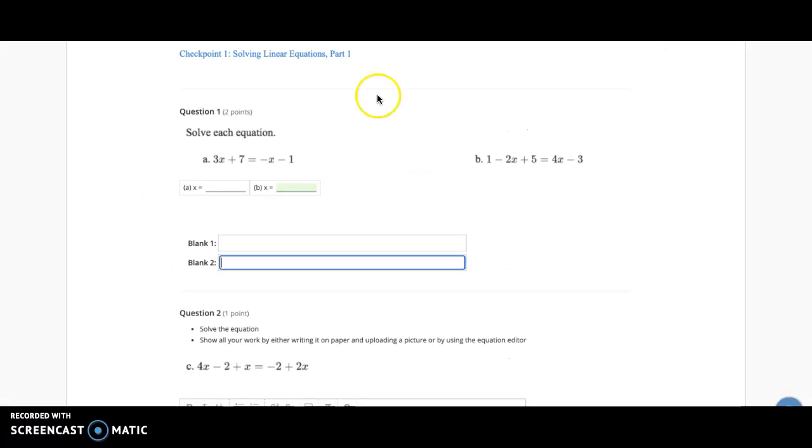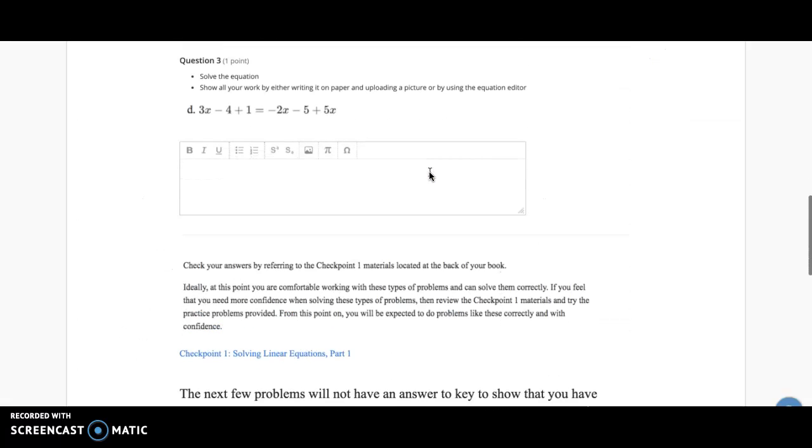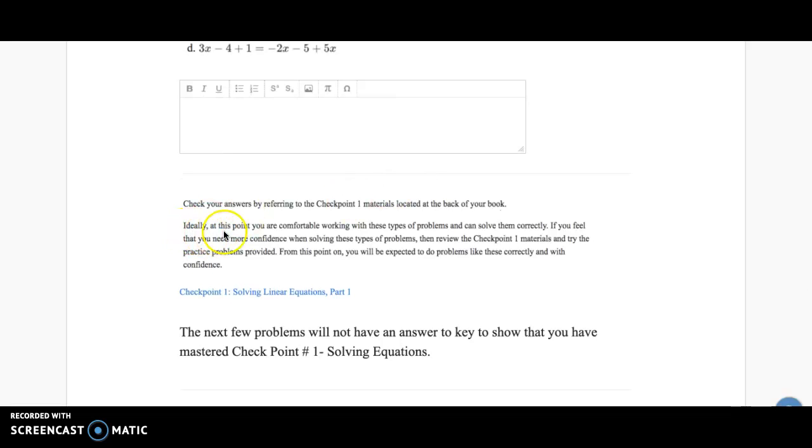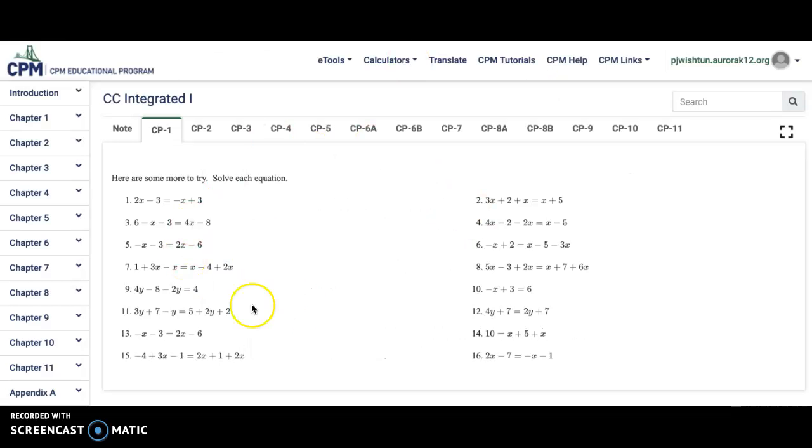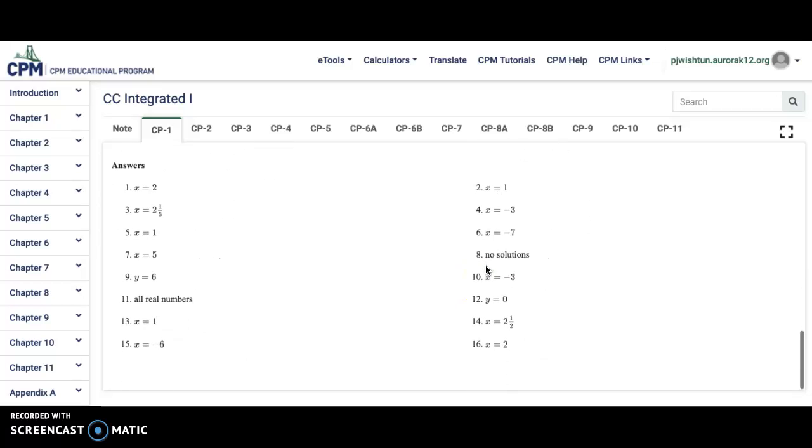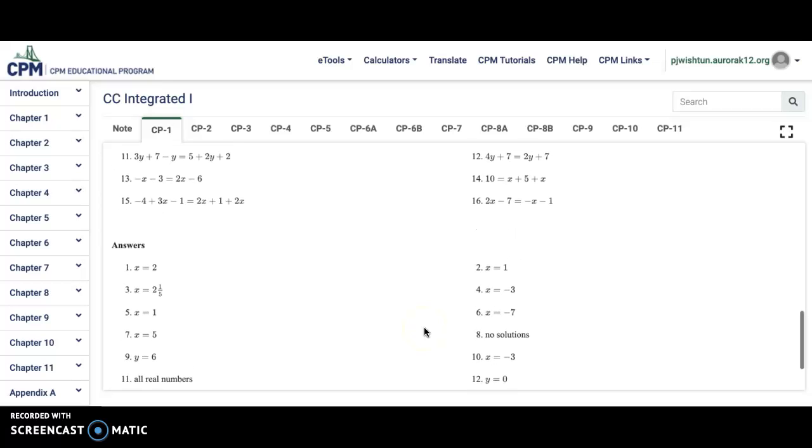You don't have to turn these in. These are not part of this process. However, it does say, ideally at this point, you are comfortable with working with these types of problems. So if you are not comfortable with these types of problems, practice more. So that's where these extra 16 questions come into play. Continue practicing. And those 16 answers are right down here. So that way, you can check your work.